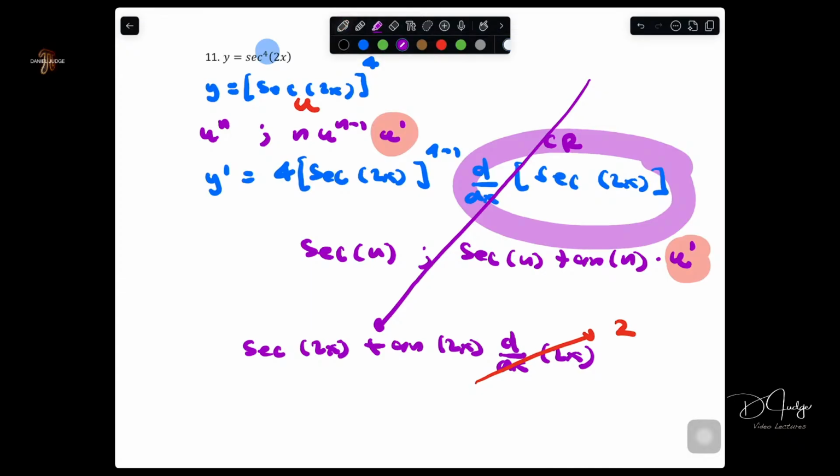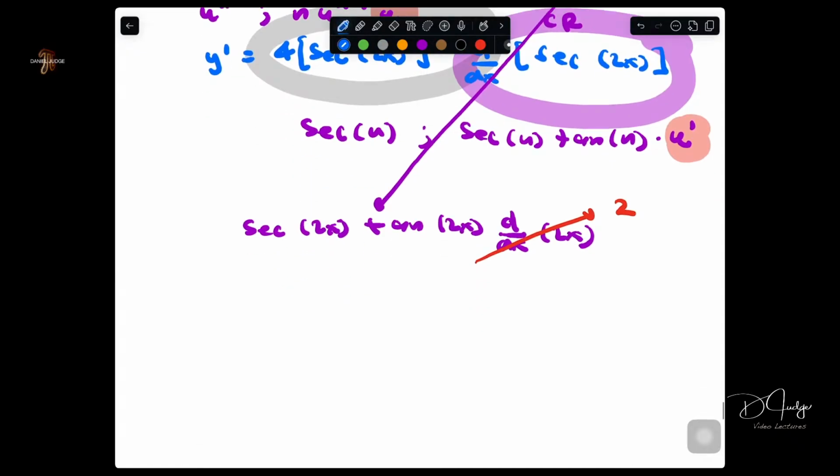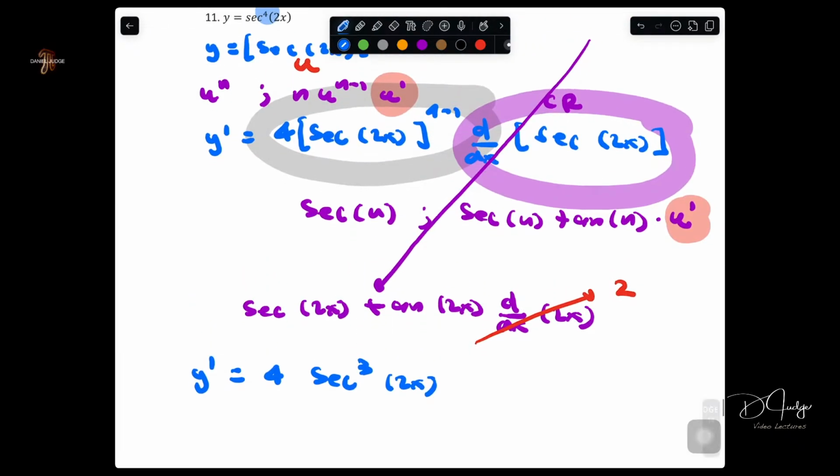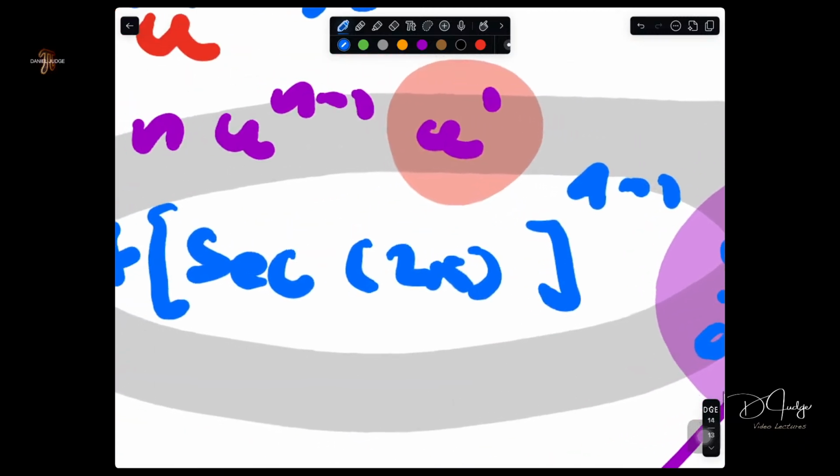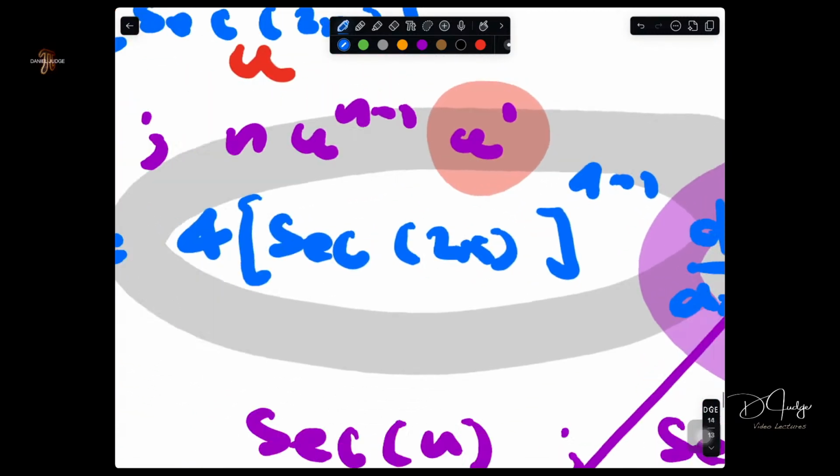So keep in mind everything that we have again. We're going to simplify this part first. We're going to write it all down together, which means I really have a derivative where it's 4 secant. That's going to be the third power because this is 4 minus 1.